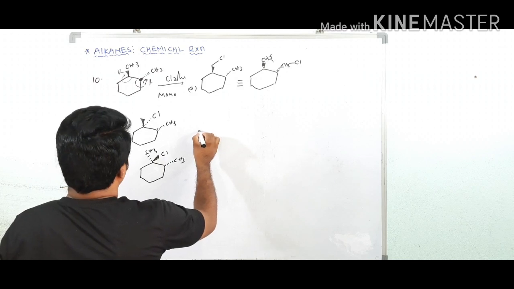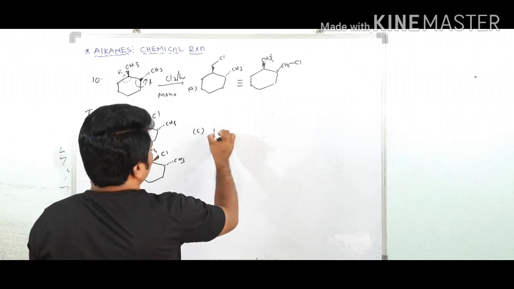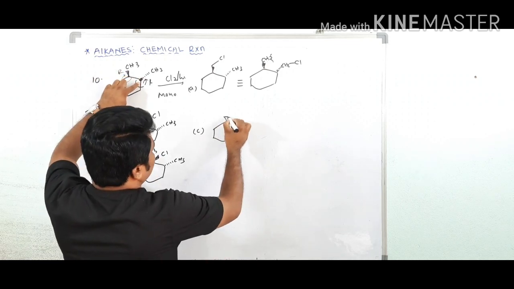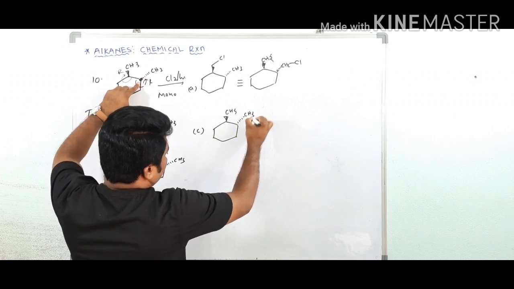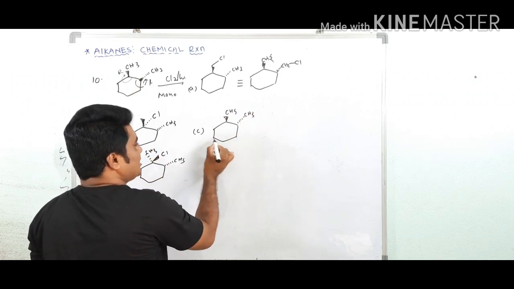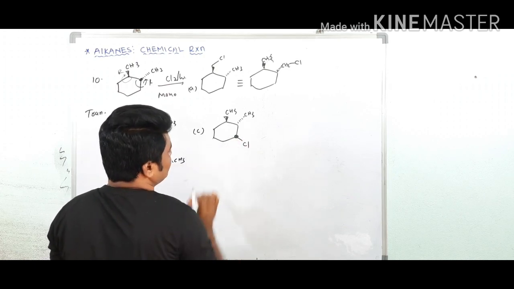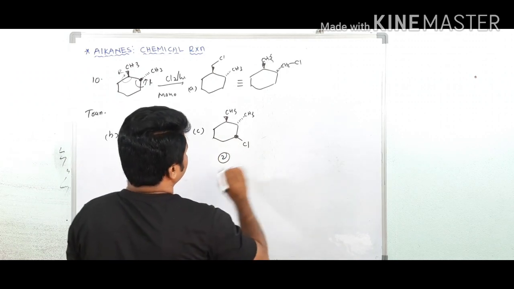Okay, now see here, maybe C. This carbon atom same, this carbon is same. So this is chiral center again. Are you getting my point? Here also 2 you will get.